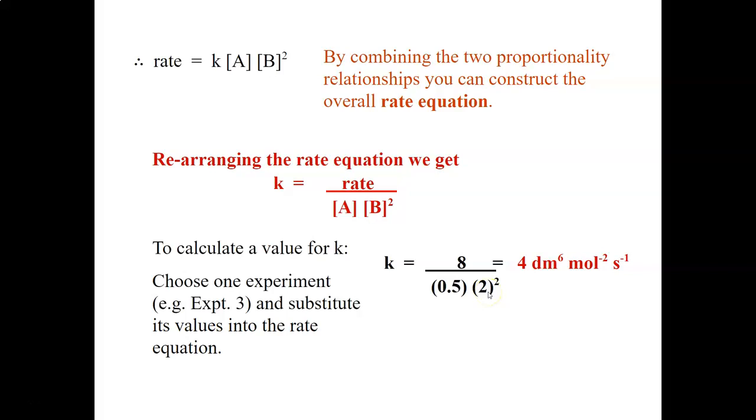And all you need to do is the same cancelling down like you did for Kc, and you should be able to convince yourself that that is the answer. That is moles cubed per decimeter to the minus 9 on the bottom here. Then when you bring it up to the top, you change it to dm6 mol to the minus 2.